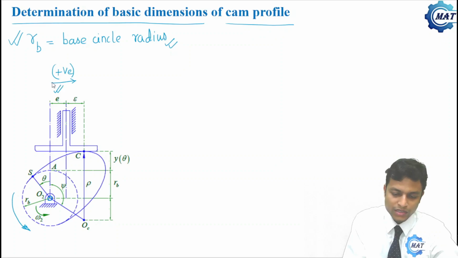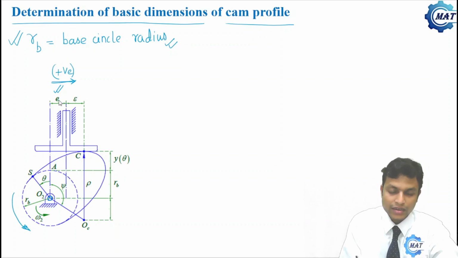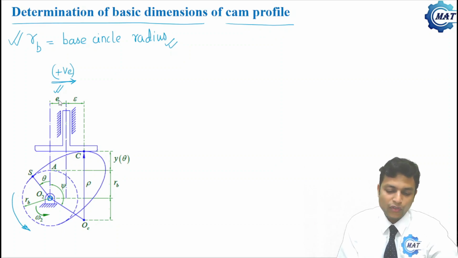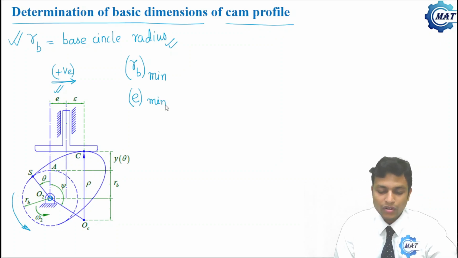We need an offset in the right hand direction because this offset reduces the value of pressure angle. So what is the minimum value of offset required for a cam profile? Our objective is to determine the minimum value of RB and the minimum value of offset.